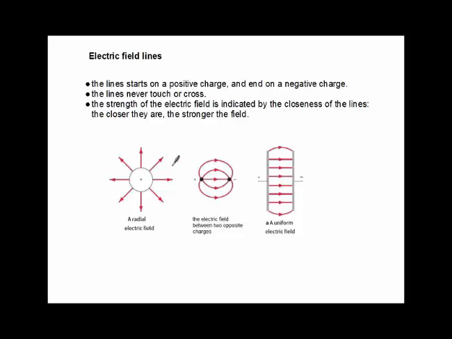So the field strength is less. Also here, as we go farther away from the charge, the separation will increase. So it means the field is becoming weaker. Here, the lines are closer to each other, so we have a stronger electric field here.